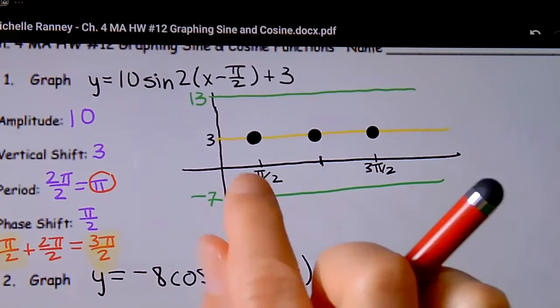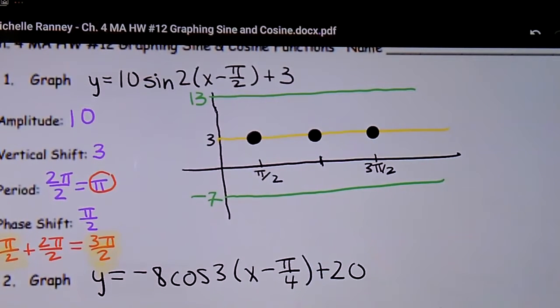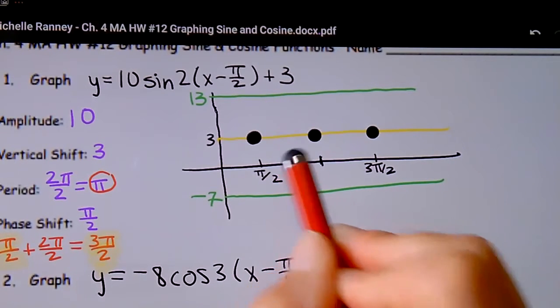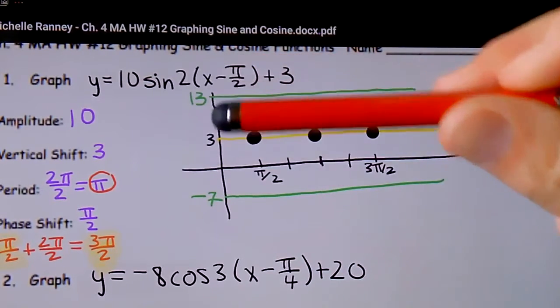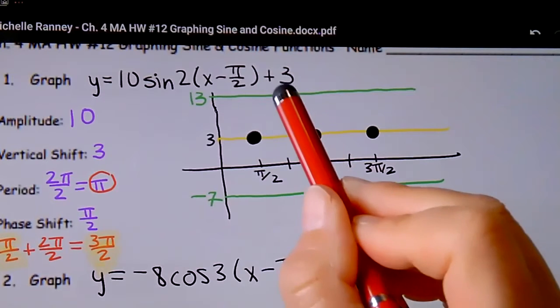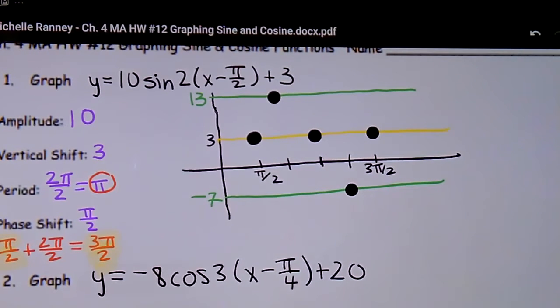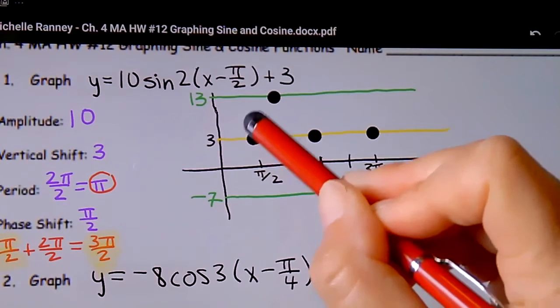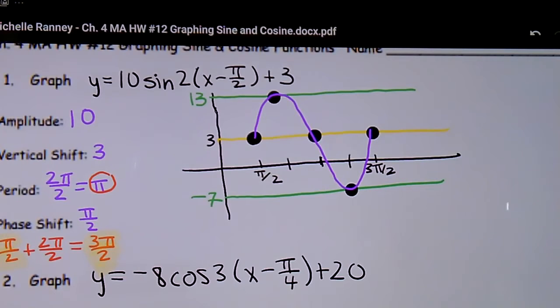When I say 0, I mean on my vertical shift. And then halfway between those, I'm going to be going 10 above and 10 below. So I'm going to have 10 above and I'm going to have 10 below. And then I'm going to draw my curve. And there's my sine curve.